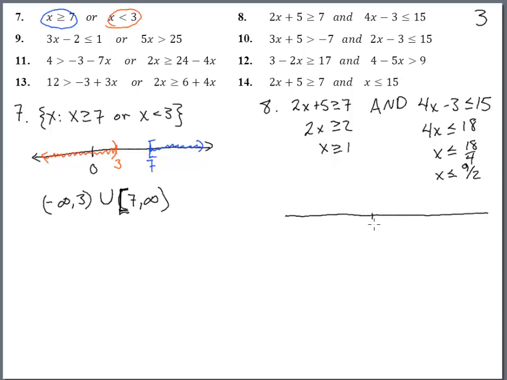So here we have a 0, there's 1, and there's 9 halves. So if we do this color thing again, where we've got blue here, greater than or equal to 1, I'm going to mark it up here. That looks like this. All of those numbers are greater than or equal to 1.